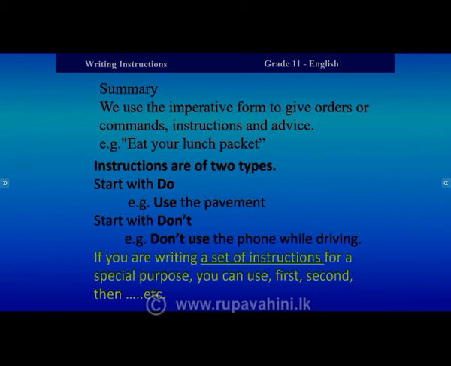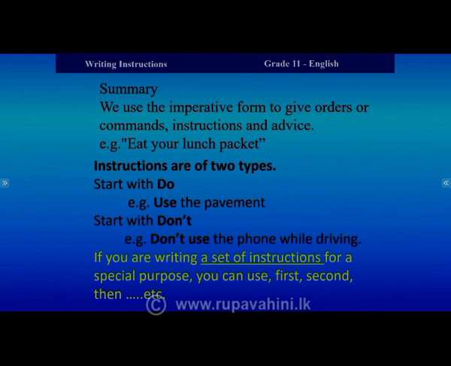And also finally we learnt, if you are writing a set of instructions for a special purpose, we learnt how to make a Vesak lantern, how to make a cup of tea, like that. There you can use first, second, then, that sort of words to tell your instructions in order, so that the listener also can follow it easily. So in your exam, sometimes you will be given these kinds of instructions jumbled.